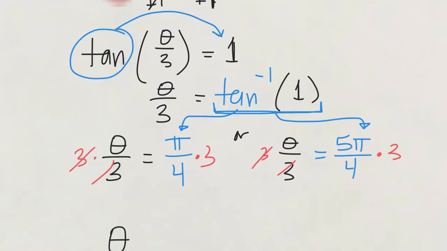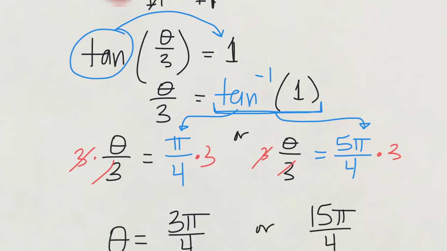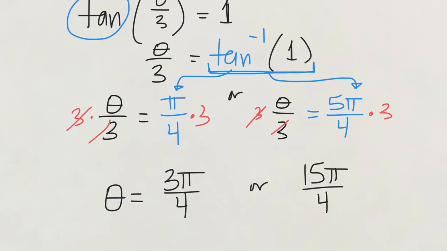So one of my angles is 3 pi over 4, and my other angle is 15 pi over 4, which means we have to do some analysis. Is 3 pi over 4 between 0 and 2 pi? Yes, it is. Is 15 pi over 4 between 0 and 2 pi? No.